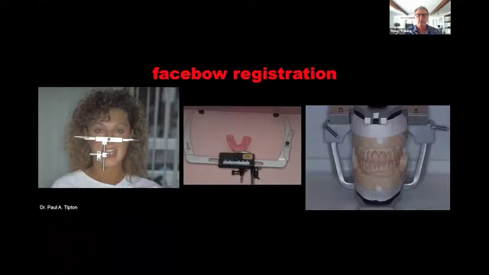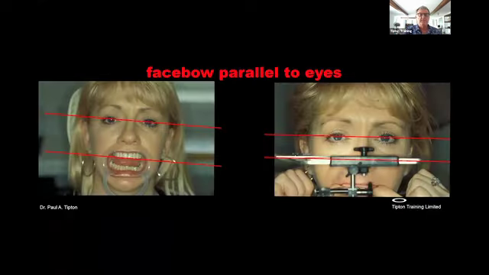So how do we do that? We usually give our technician a facebow registration, where sometimes we have to make sure that the top of the framework of the facebow is parallel to the eyes. If we do that, then the top part of the articulator will be parallel to the eyes, and therefore our technician now makes the incisal edges parallel to the top part of the articulator.